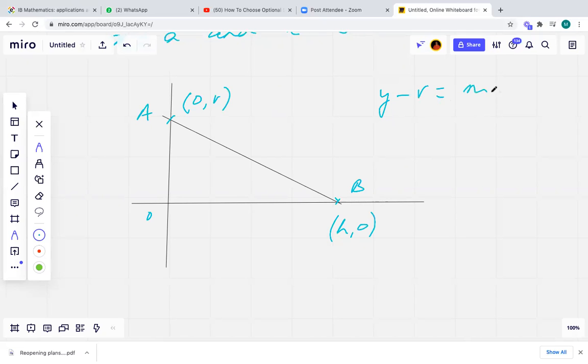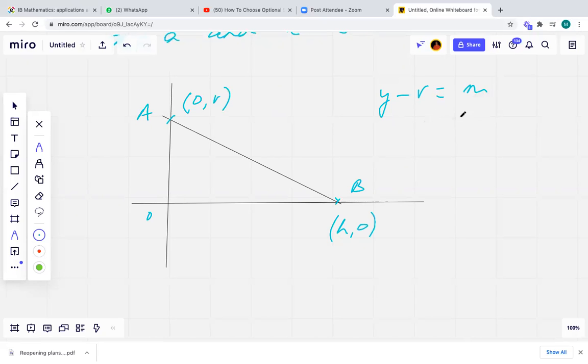M is y2 minus y1 over x2 minus x1, so 0 minus r by h minus 0, so that is minus r by h. So y minus r equals minus r by h multiplied by x minus x1, and your x1 is again 0. So what's your answer then?